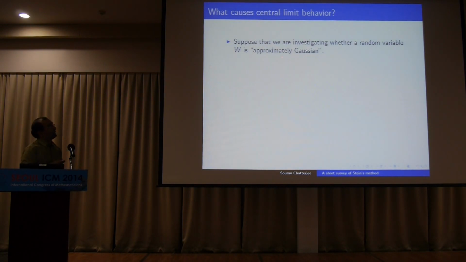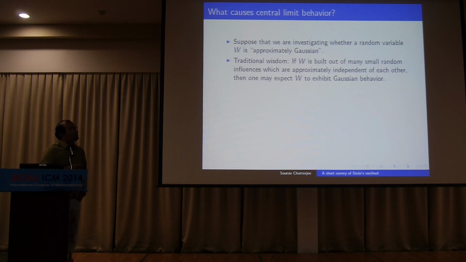Okay. So one of the things that I was thinking about when I just graduated out of my PhD was: what is it that makes a random variable approximately Gaussian? What gives rise to this bell-shaped curve?